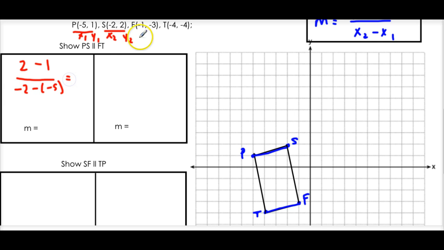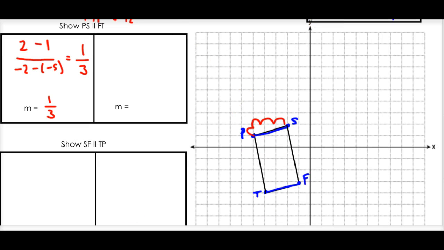I just plugged my points into the slope formula, and when I do that, I get 1 over 3: 2 minus 1 is 1, over -2 minus 5 is 3. So my slope is 1 over 3. If you feel more comfortable counting, that's totally fine. You could say it's up 1, over 3, so the slope is 1/3.